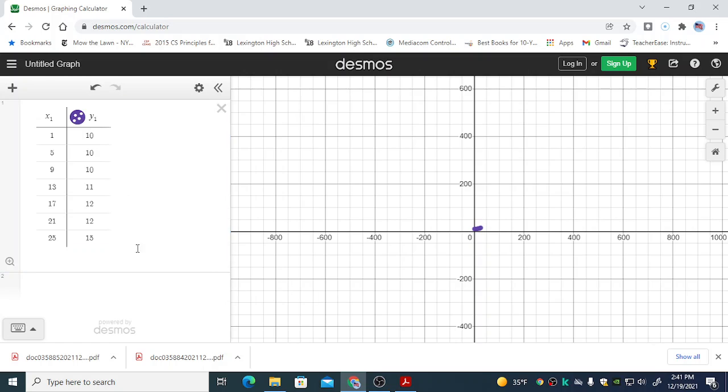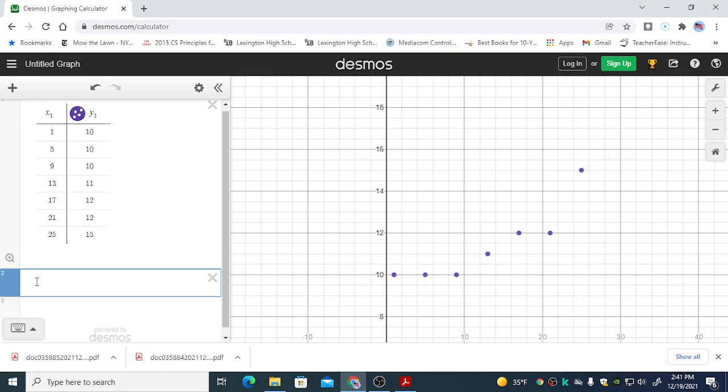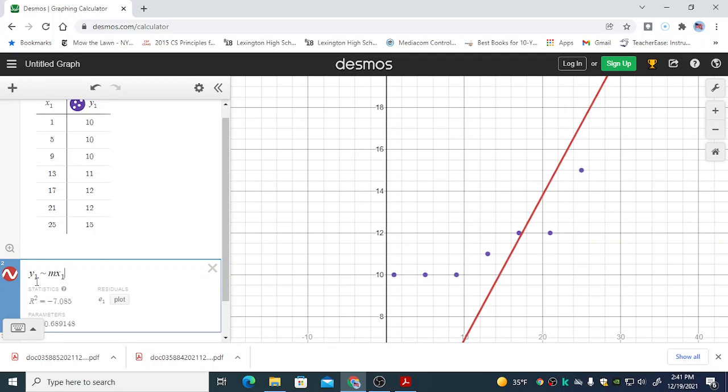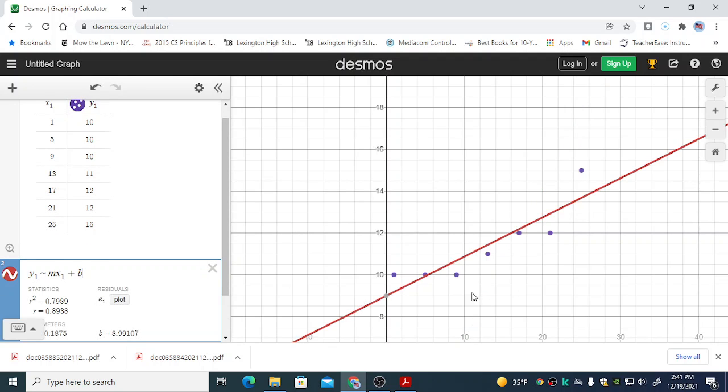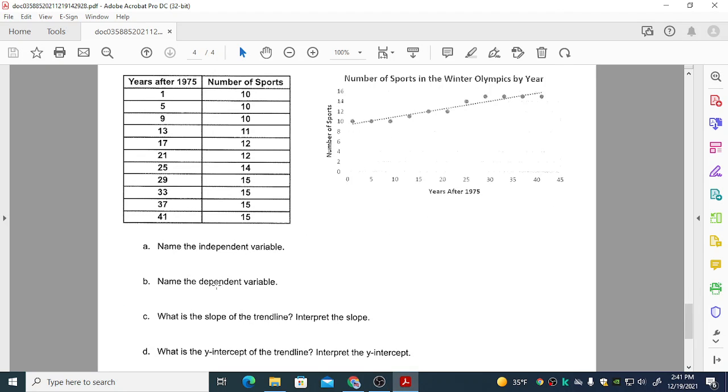Okay, and if you click on this little magnifier, we see that. And then if I put in y1 tilde m x1 plus b, it's going to do my regression analysis there. It's going to give me my slope, and it's going to give me my y-intercept.